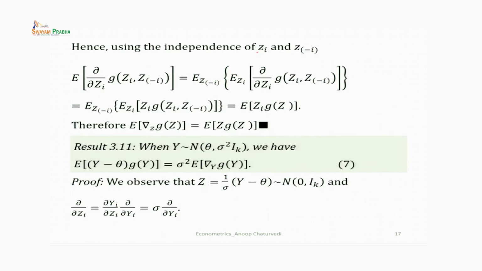Also notice that z i and z minus i are independently distributed. So, we use the independence of z i and z minus i.